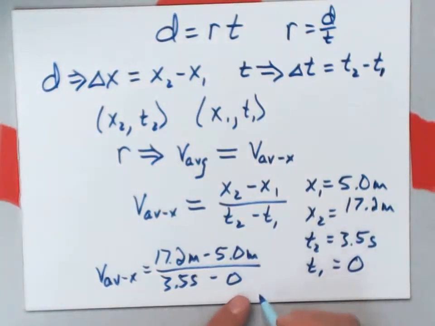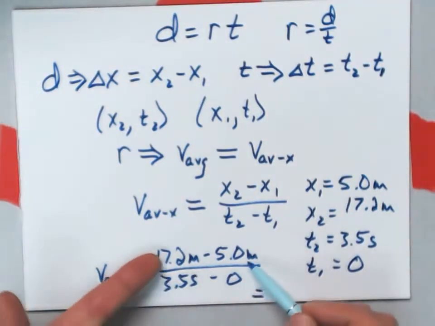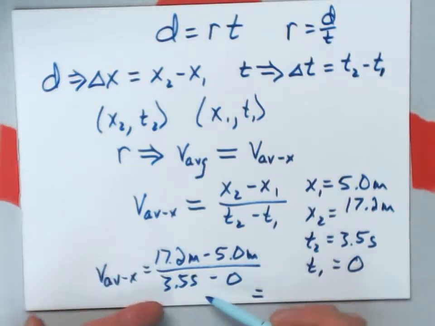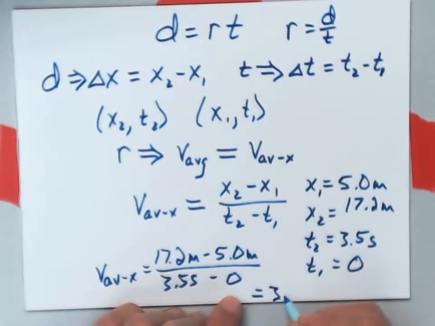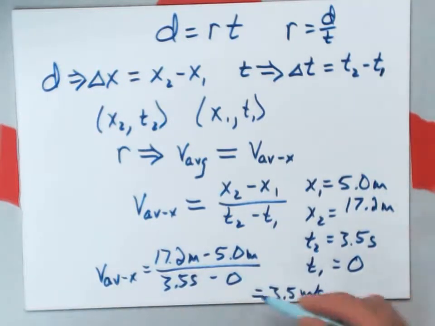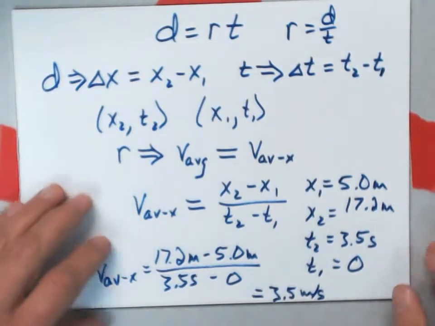If you calculate this out, you'd have 12.2 meters on top and 3.5 seconds on the bottom. Turns out this comes out to 3.5 meters per second, and we can keep two significant figures on here. So there's a sample calculation.